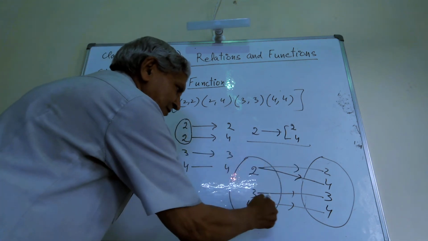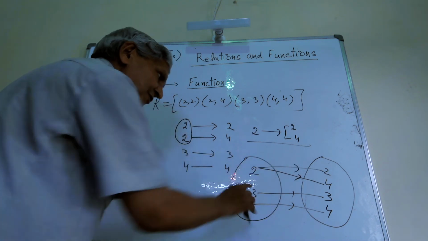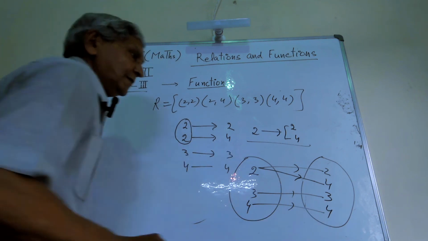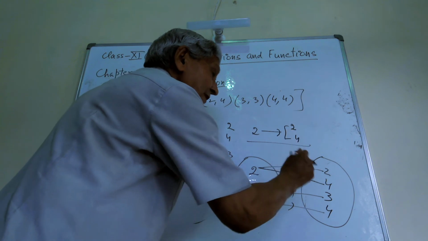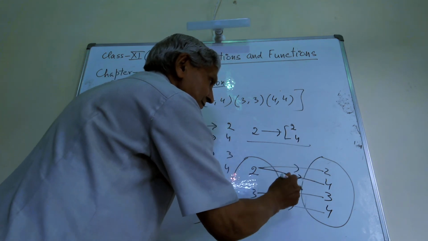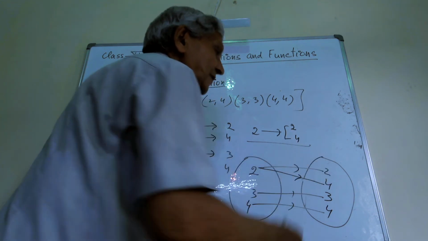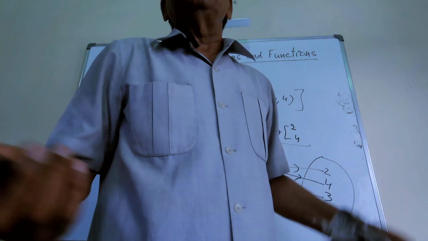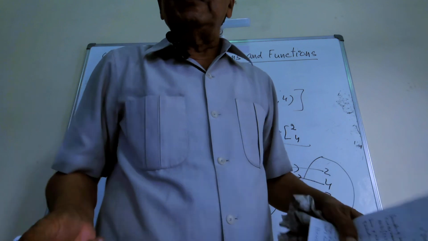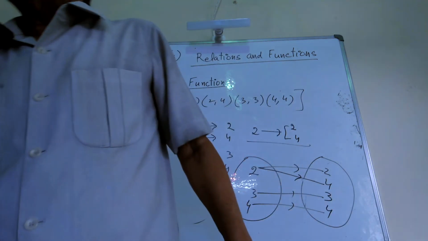All the elements have images. The first condition is fulfilled. But second condition, all the elements should have one and only one image. But this 2 has 2 images. Second condition is not fulfilled.